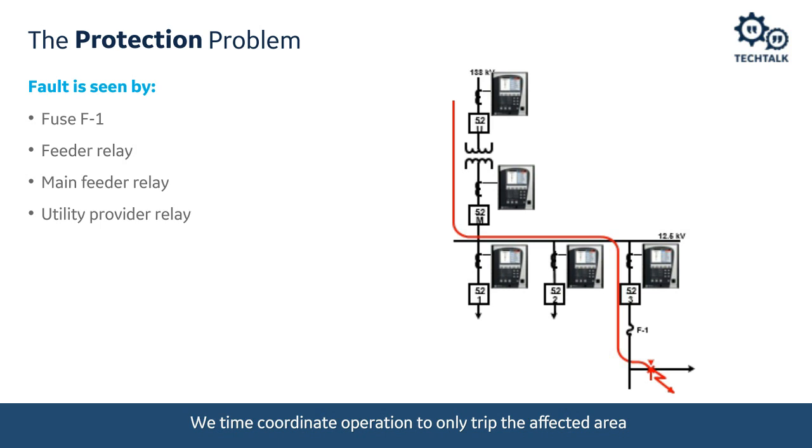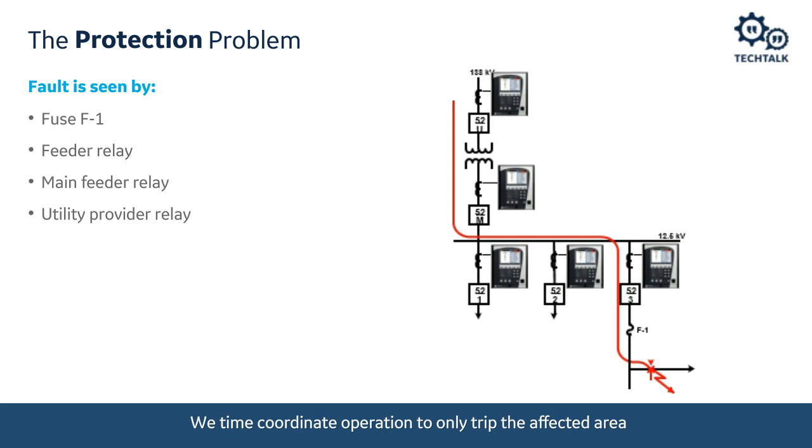So as we look at this graph, time is along the y-axis and current is along the x-axis, and the operate region is any fault current that is beyond the pickup setting that we show with the black line there. And it's even marked as the operate region.